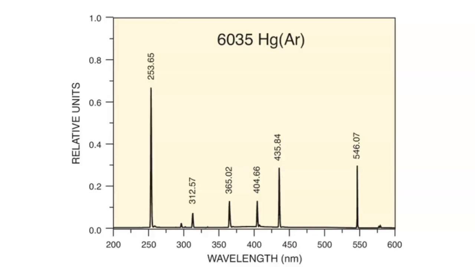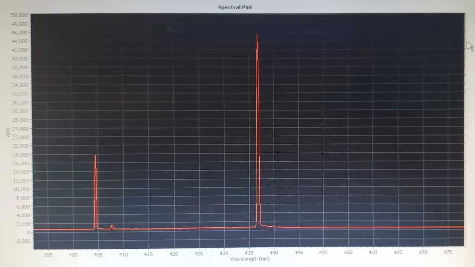For the other two to the left of that, 404 and 435 nanometers, we calibrated and got a wavelength of 435.9 for the one on the right, with a percent change of 0.01, which is quite small. For the one on the left, we got a wavelength of 404.7 plus or minus 2, with a percent change of 0.009.